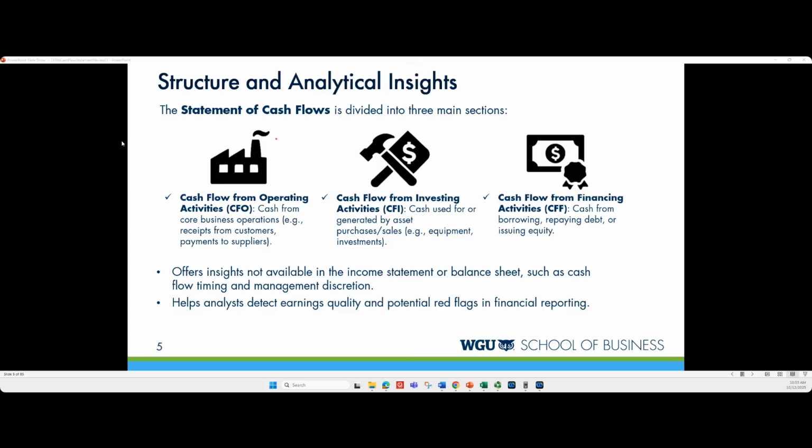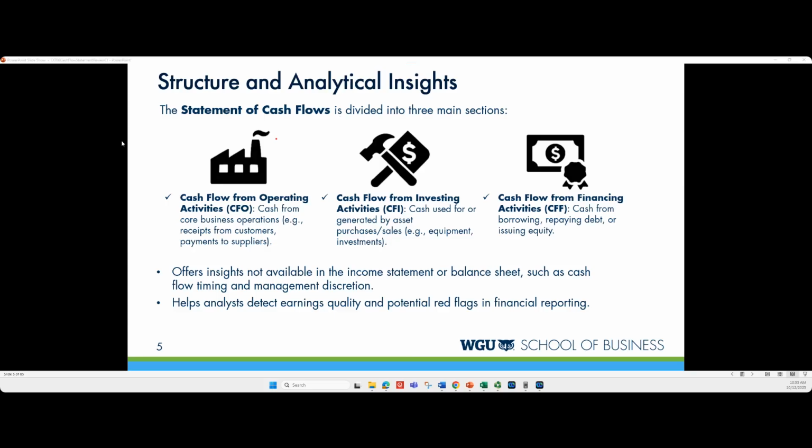So it's going to offer us some insight that doesn't show up on the income statement or balance sheet, because it's actually showing us how cash is moving through the organization based on timing and management discretion. It also helps analysts detect earnings quality and potential red flags in financial reporting.